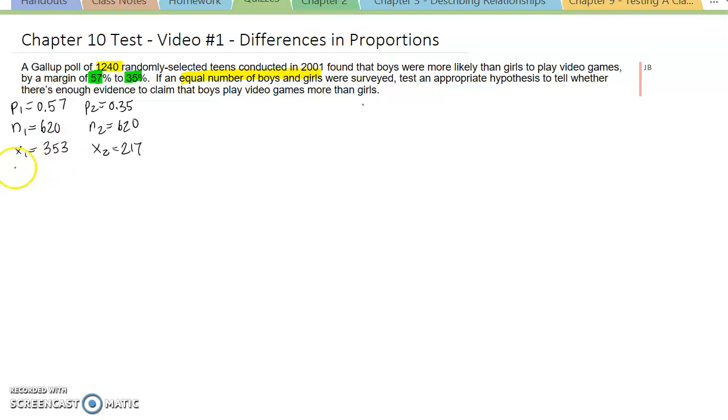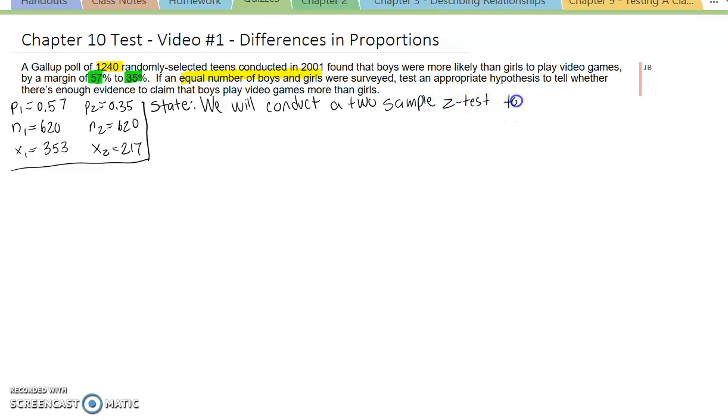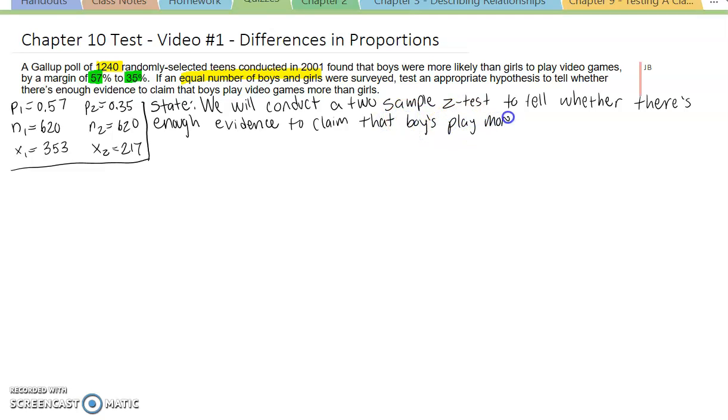So now that we have our numbers, what we would first do is state. So we will conduct a two-sample z-test to tell whether there's enough evidence to claim that boys play more video games than girls.